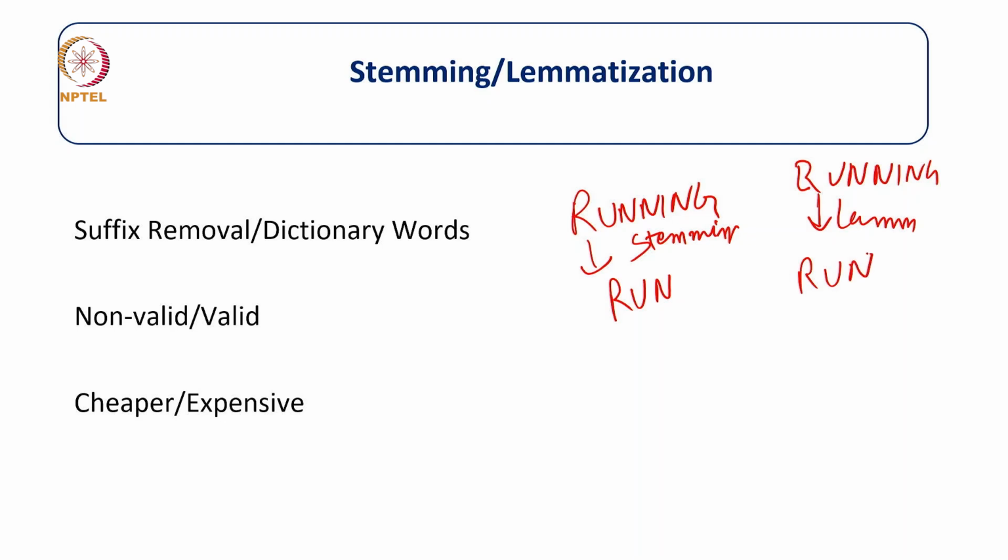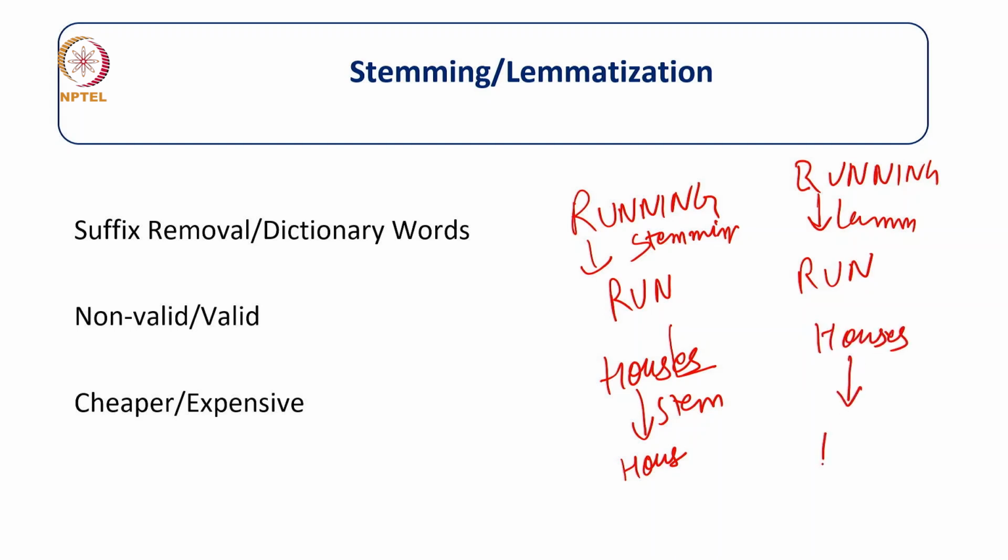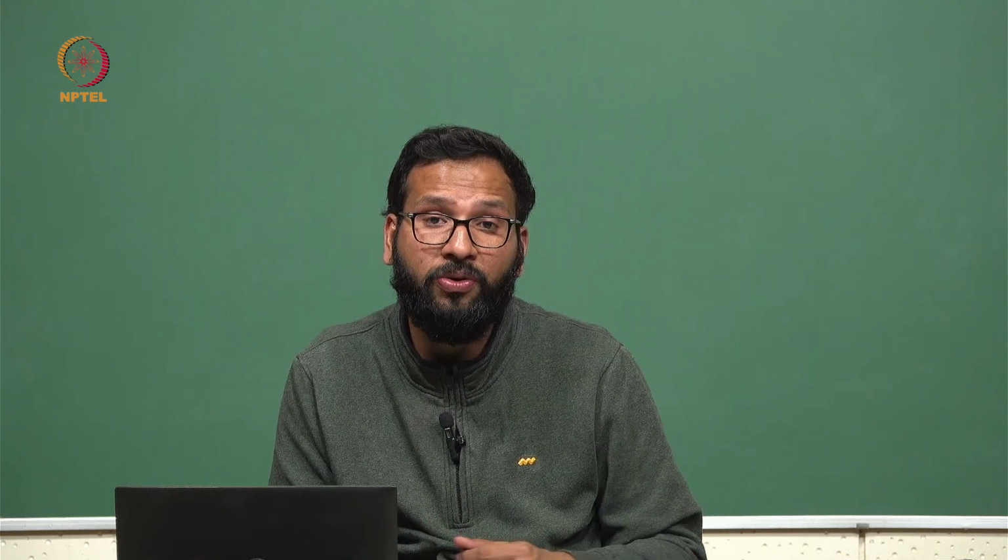But when you do stemming on houses, it will remove this part, so the word will be this, hous. Whenever you do lemmatization on this, it will be mapped to house. So sometimes stemming gives you the valid word, but sometimes it may not.